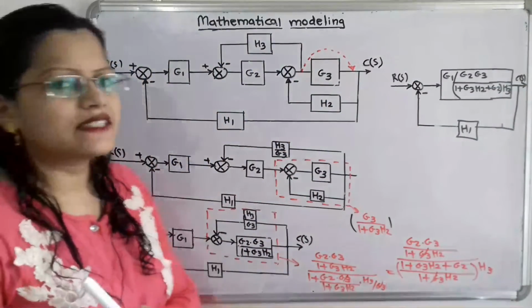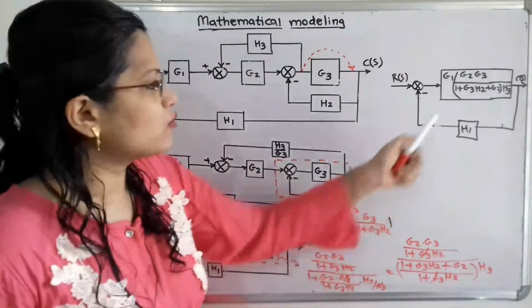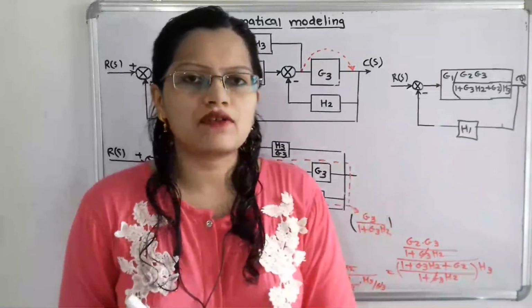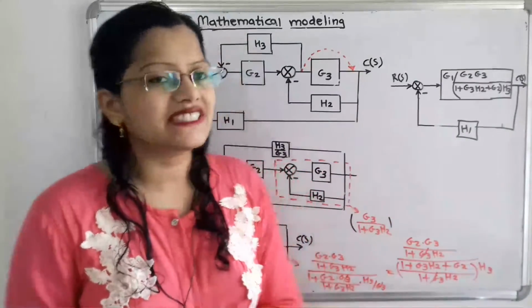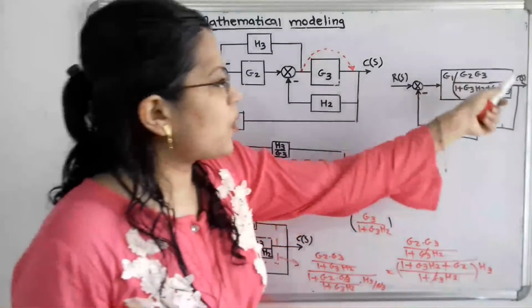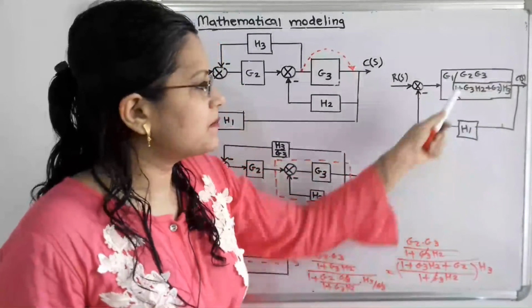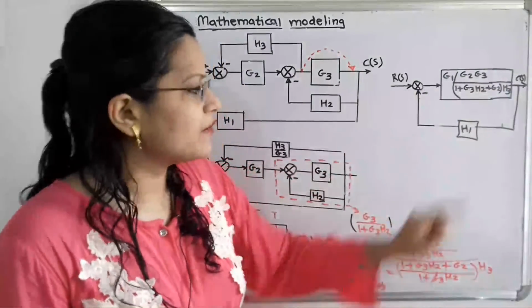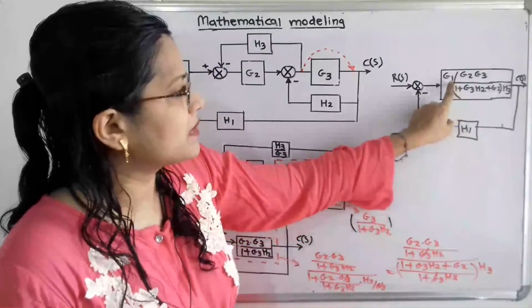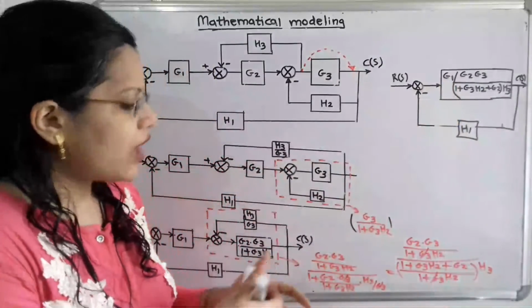Now what is the last step? So last step is we have to eliminate this feedback loop. So again we have to follow the same procedure, that is this block G divided by 1 plus G into H. So simply we have to multiply at the denominator with this block. So how we can write?